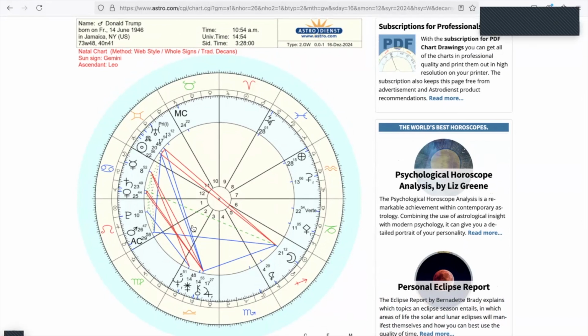How I want you to think about houses is at the moment of your birth, which is why birth time is so important. You can see here, he was born at 10:54 a.m. And so at the moment of his birth, the sky is the pie. The sky is the pie chart. This is the chart at the moment he was born. These are the placements of the planets in the firmament at the moment Donald Trump was born.